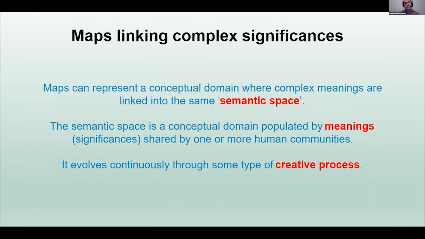And the semantic space can evolve over time continuously through some type of creative process. So we can see how the concept of maps and of semantic map bring us directly to the important concept of creative process.